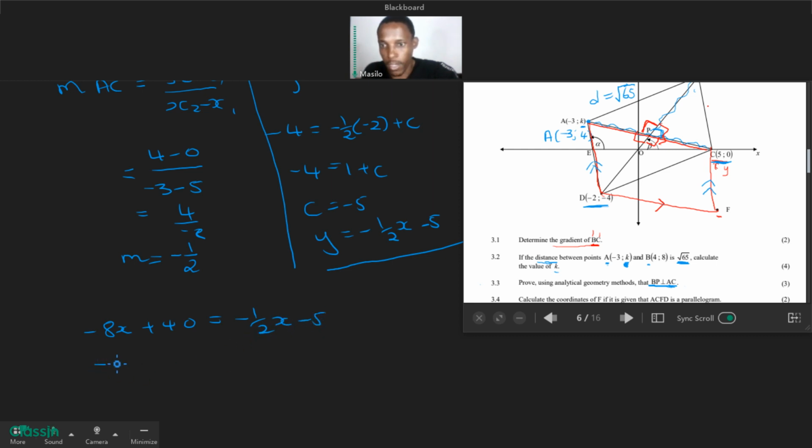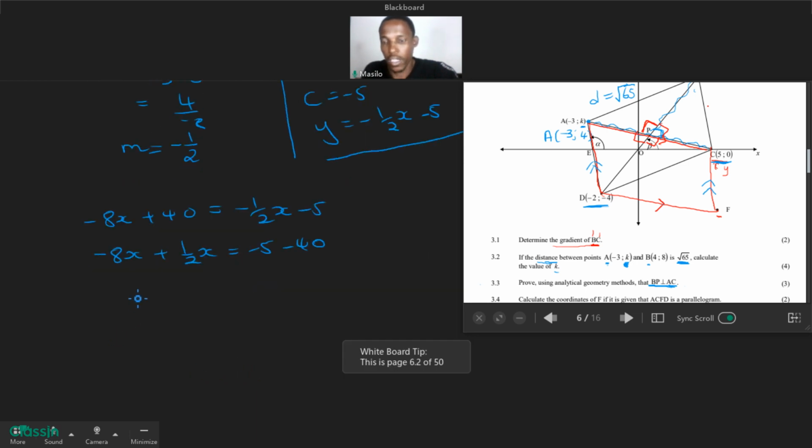We group the like terms: negative 8x plus 1 over 2 x equals negative 5 minus 40. Therefore, when we add this, it's going to be negative 7 and 1 over 2 x, equals negative 45.